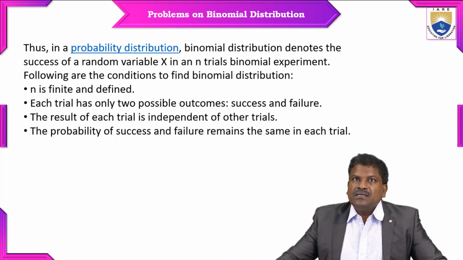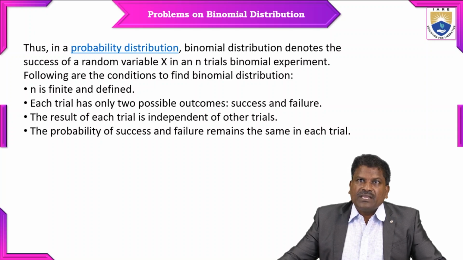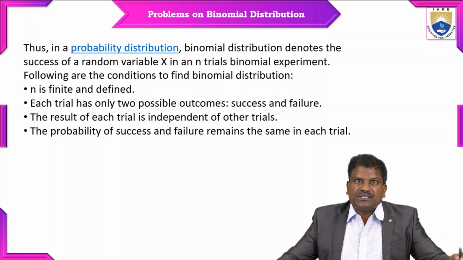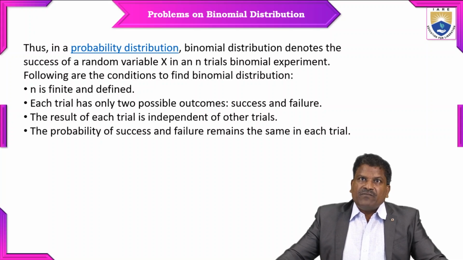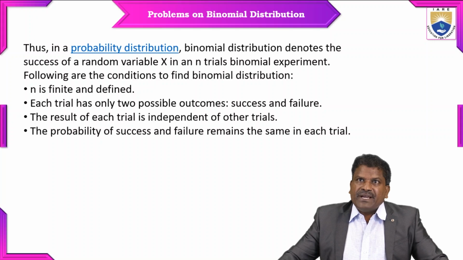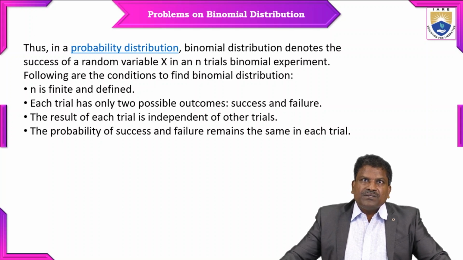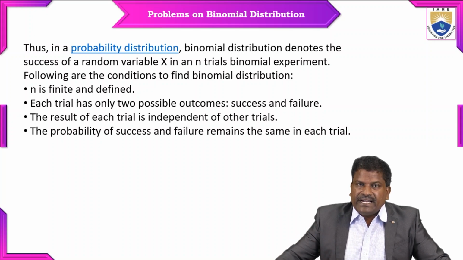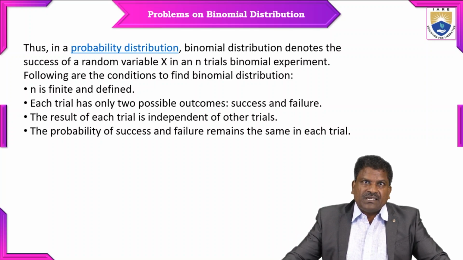Thus, in a probability distribution, binomial distribution denotes the success of a random variable x in an n-trial binomial experiment. So let us see some conditions to find binomial distribution.